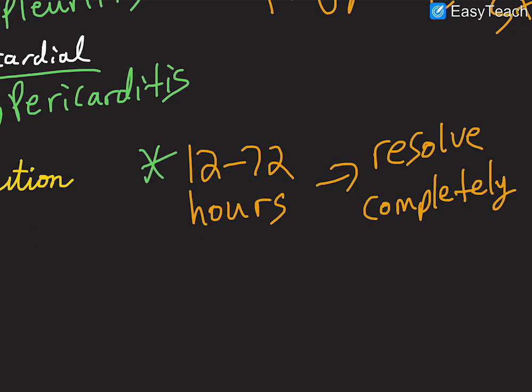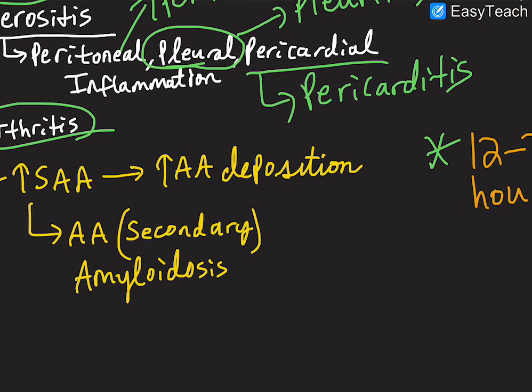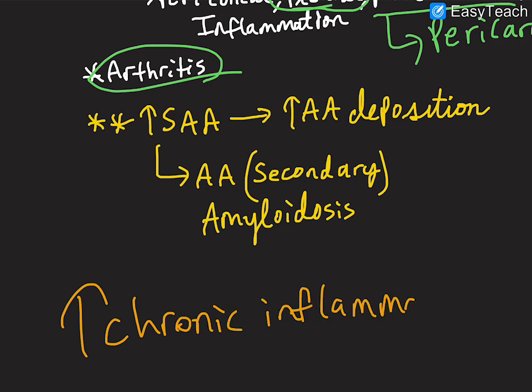Now, if this happens chronically, obviously you're going to have chronic inflammation. And with chronic inflammation, you have the risk of secondary amyloidosis.